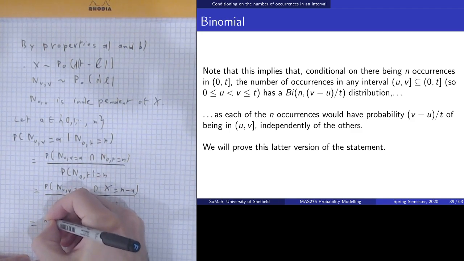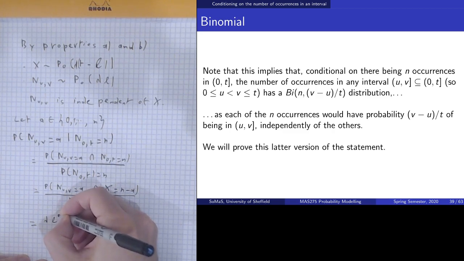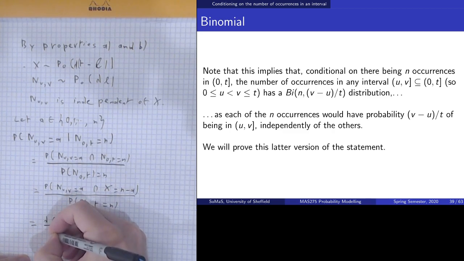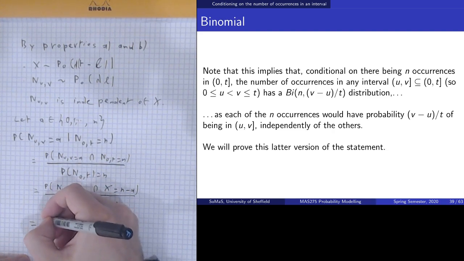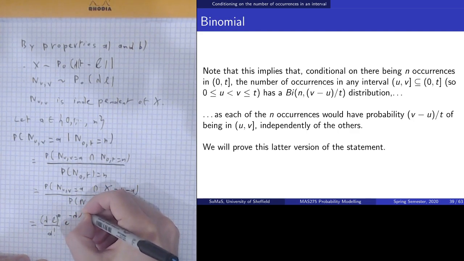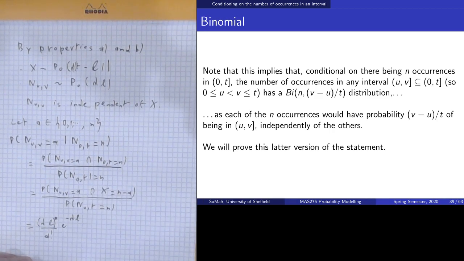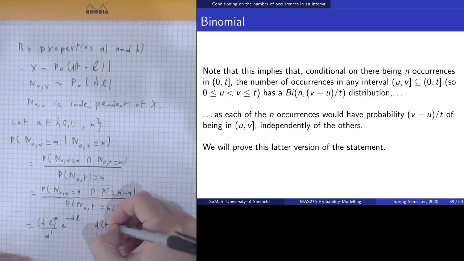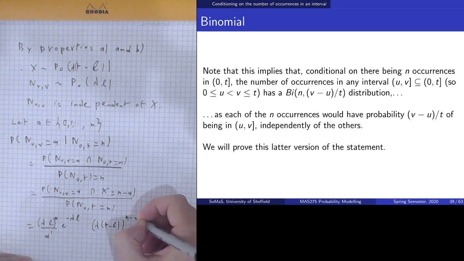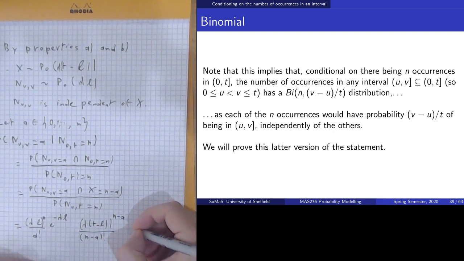So this is (lambda L) to the power a divided by factorial of a, and then there's exponential of minus lambda L. This one's going to be the same, but replace L by t minus L, and a by n minus a, so we get (lambda (t minus L)) to the power n minus a divided by factorial of n minus a times exponential of minus lambda (t minus L).